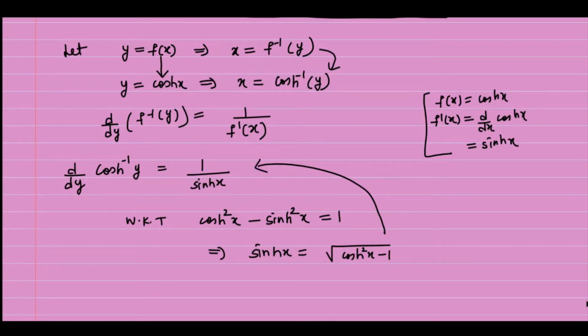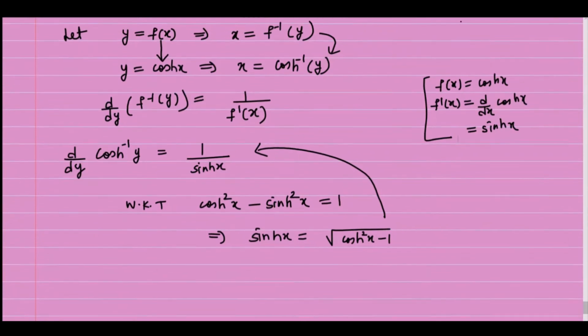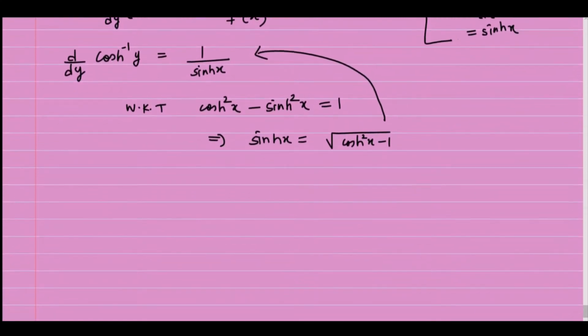So we will get d by dy of cosh inverse of y equal to 1 by root of cosh square x minus 1.